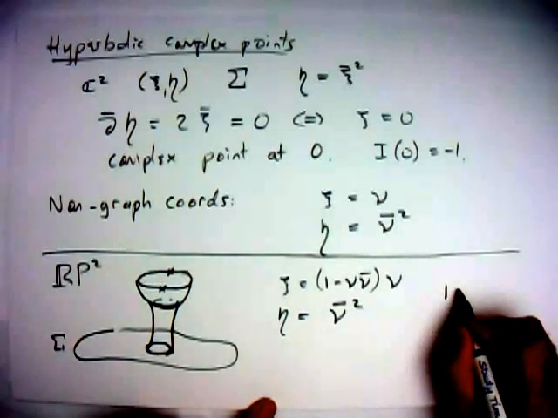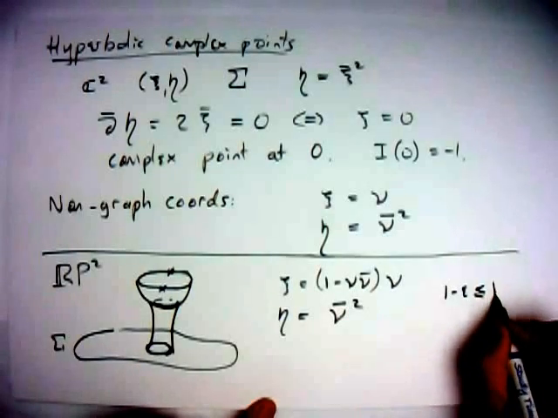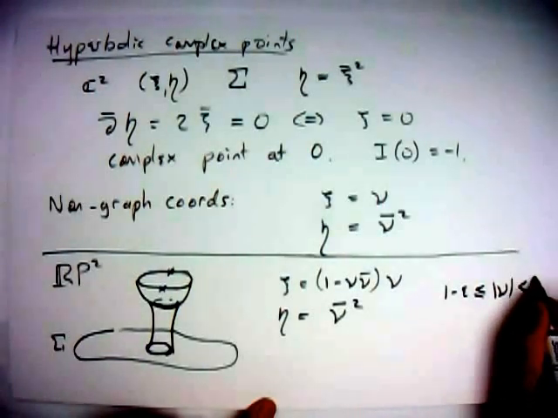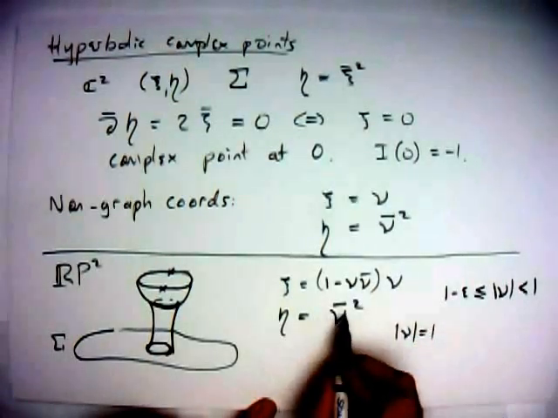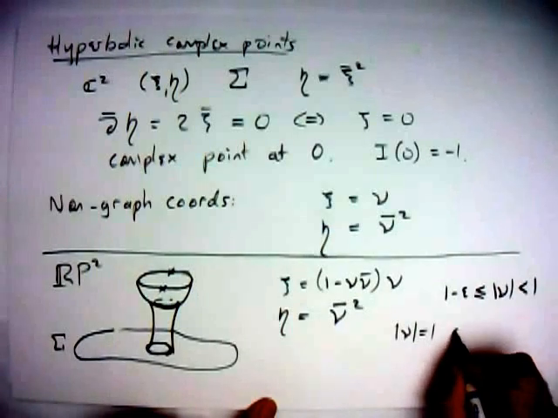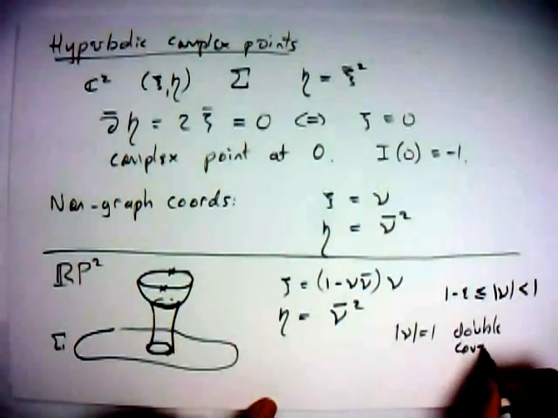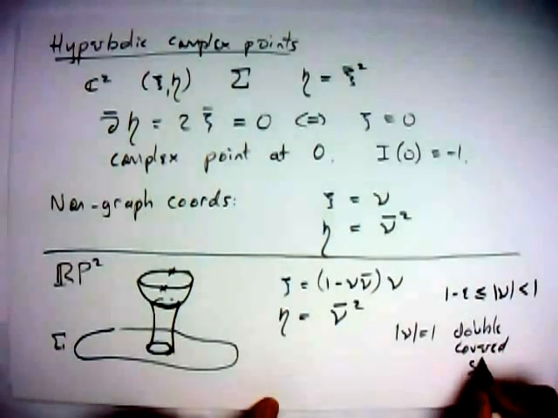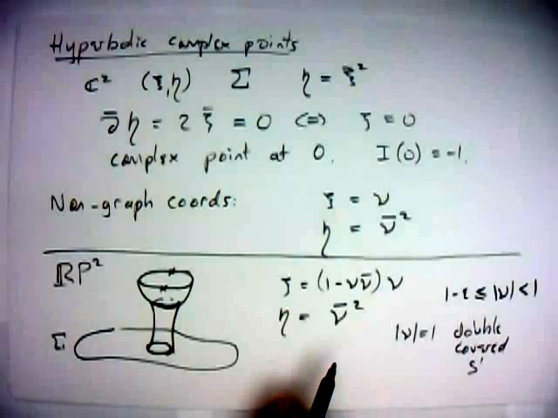The range of the values is, say, a little bit less than 1, less than or equal to the norm of mu less than 1. When the norm of mu equals 1, of course, then you have a circle, but it's double covered because of this mu bar squared. So this is a double cover of a circle. This is the antipodal map acting on your boundary.